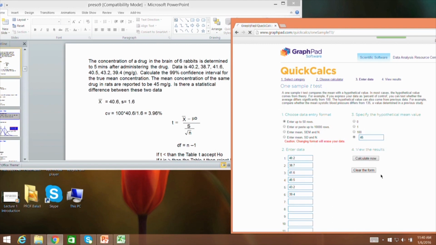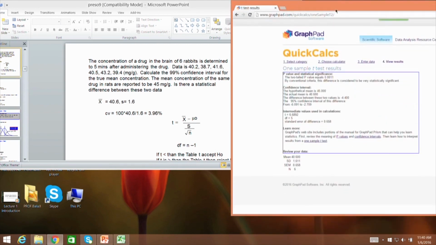Now, when you say calculate, of course, this gives you only a 95% confidence interval. The p value comes out to be 0.0011, and it is a statistically significant difference, as you can see here.